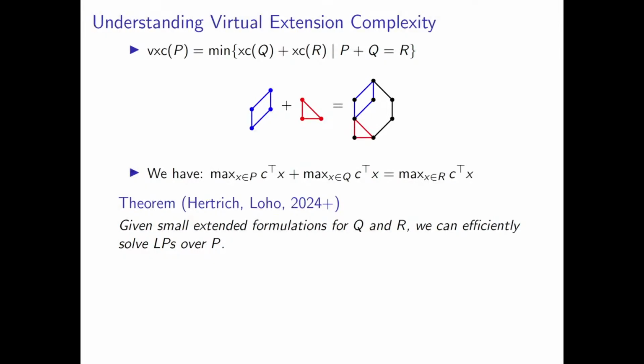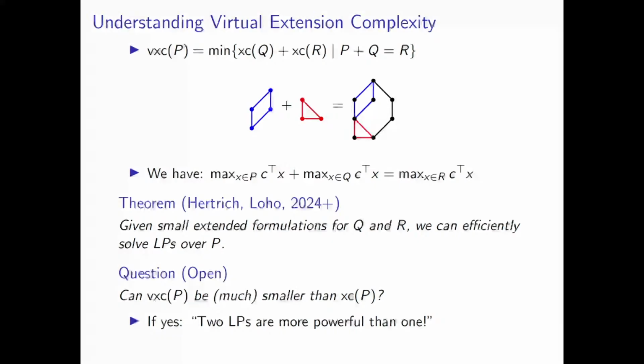Now, a question that would be interesting to the combinatorial optimization community is, openly phrased: how much smaller can the virtual extension complexity be compared to the extension complexity? There are two possible answers. One is it can be much smaller, which would be cool for the combinatorial optimization community, because then we can say that the difference of two linear programs is much more powerful than just looking at one linear program.